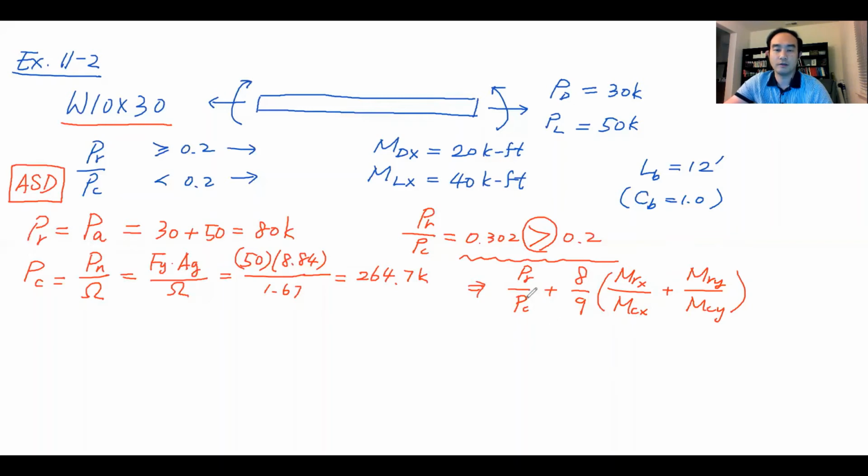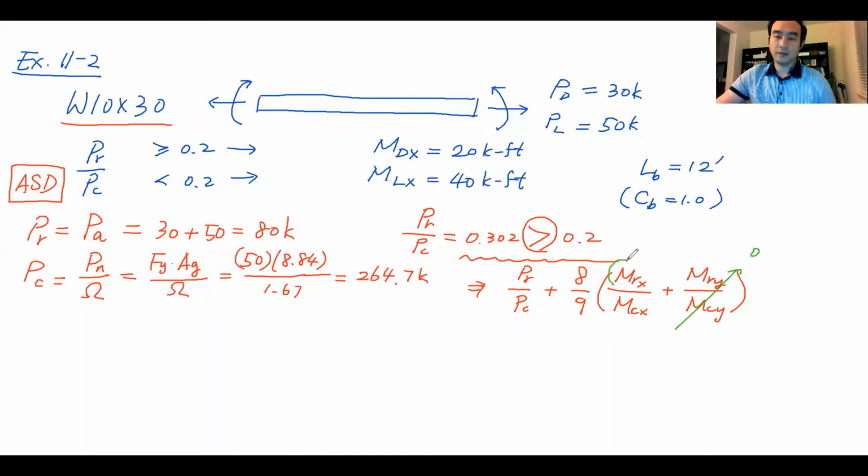So we have to calculate this value based on PR to PC ratio. Okay, so let's calculate this. PR, PC, we already got it. And MRY and MCY, these are not available in this case because we only have bending about the x-axis, so I would say this entire term goes to 0.